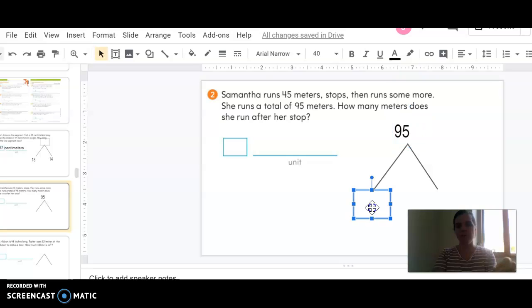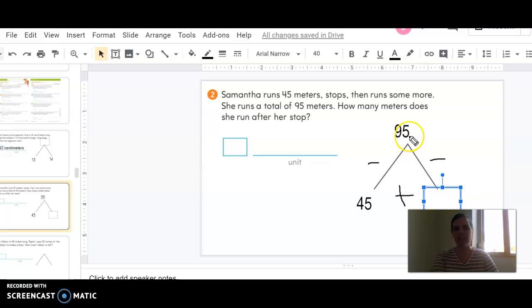How many did she run to start? 45, yep. And here's our unknown, we don't know how long she ran after she stopped. So if I draw my subtraction and my plus, there are two ways to get my answer. I can do 95 minus 45, or I can do 45 plus what equals 95.